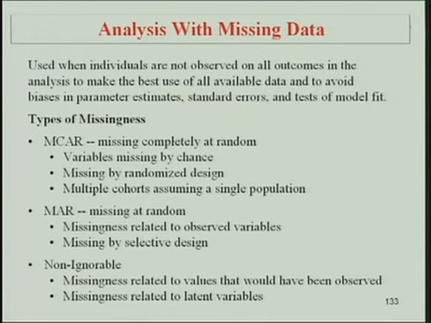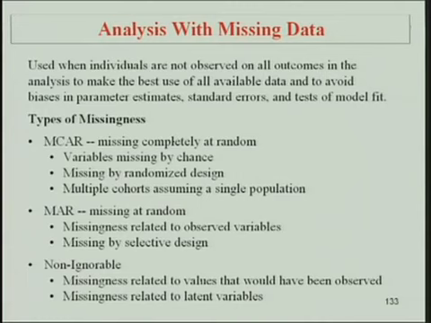So for instance, my favorite example is you have a survey and you ask about health status, and the person comes and knocks on the door to ask about the health status, and the person doesn't open the door because he's sick. So the person's value exists, the level of sickness, and it determines the missingness.